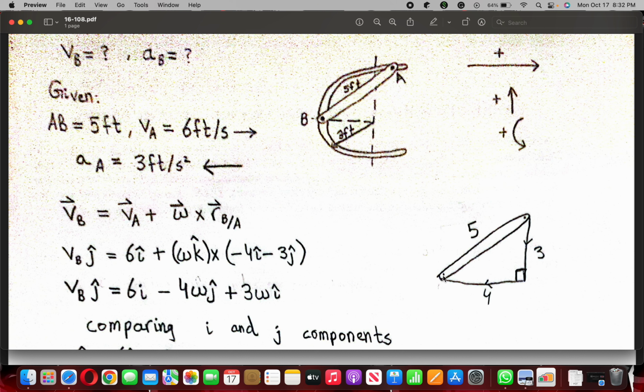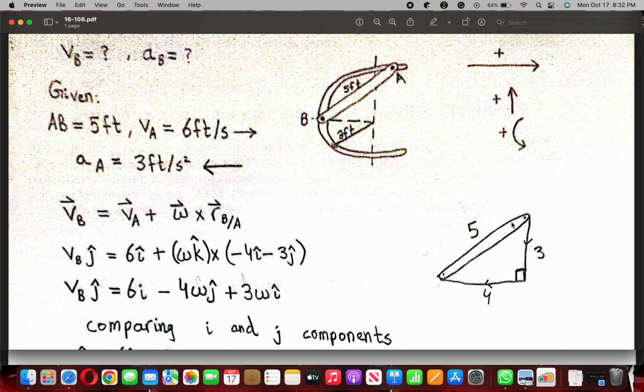As we can see, this is the rod, which is 5 feet, and the vertical distance from A to B is actually the radius, because the radius from the center of the semicircle is always equal. So the vertical distance is 3, and by the Pythagorean theorem this is 4.